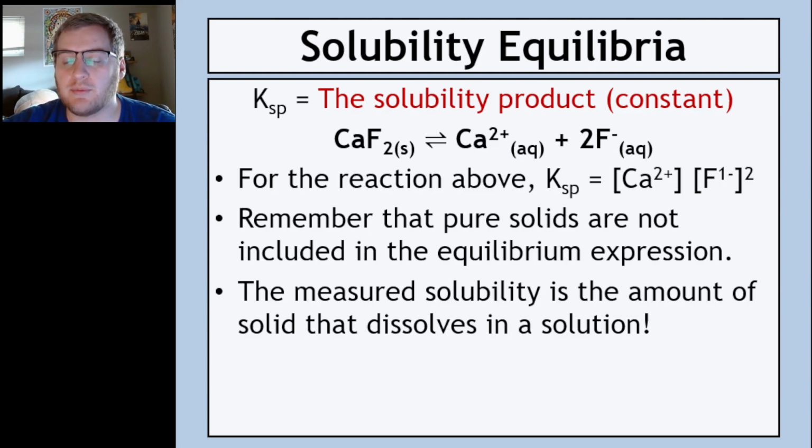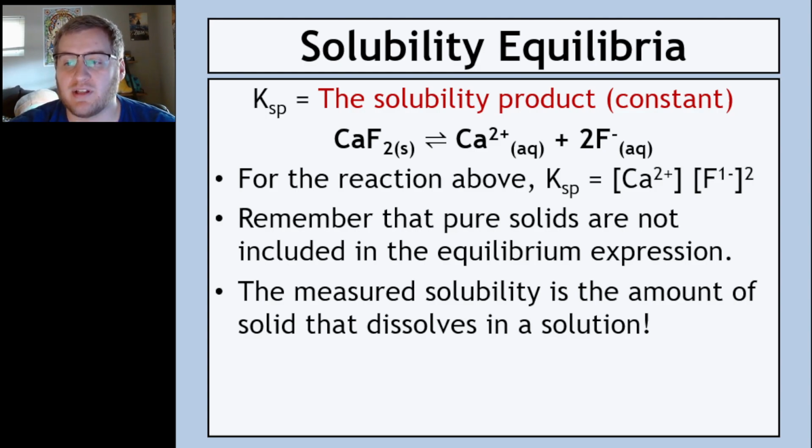So if we have our equilibrium reaction here, CaF2 turning into its ions, Ksp is going to be products over reactants, exactly like all other Ks, except our only reactant is a solid, so we don't include it in the equilibrium expression. Therefore, Ksp is just calcium and fluoride. Got to square the fluoride because I had 2 of them, so coefficients become the exponents. Remember, pure solids are not included in the equilibrium expression.